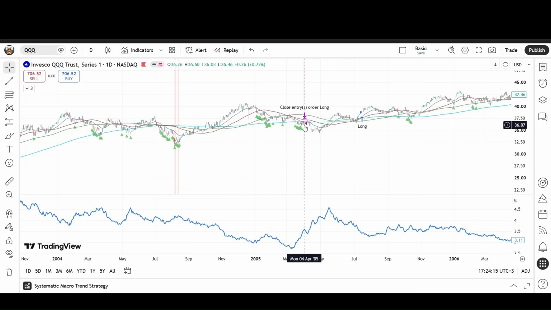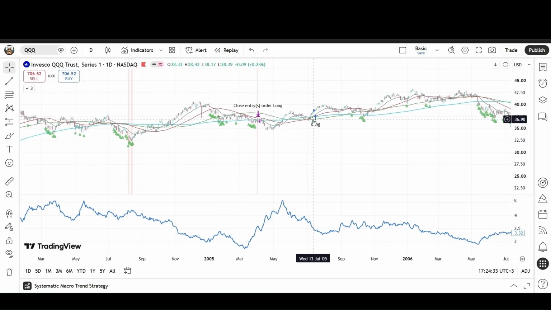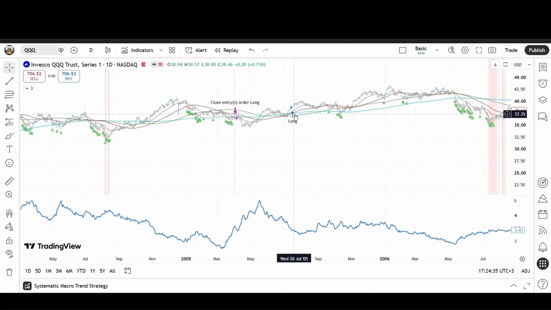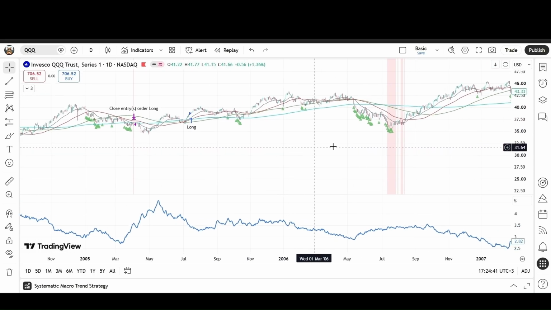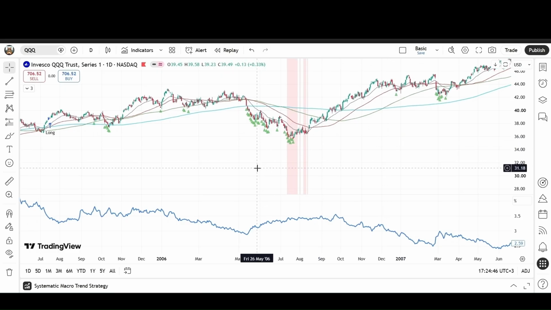Until here we can see that the credit spreads are ticking higher quite significantly, so the strategy looks best to exit there. But even though it's going up, the market seems to hold pretty steady, so the strategy goes back in long here, and here's a quite big market pullback.